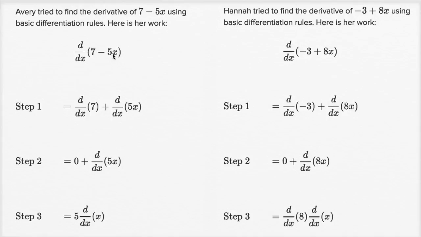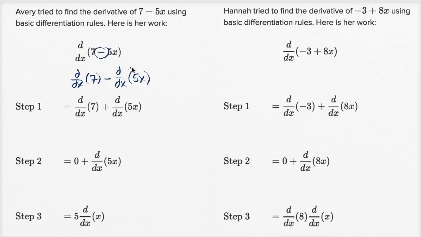5x. So my spider sense is already going off here because what happened to this negative right over here? So it would have made sense for her to do the derivative of 7, and she could have said minus the derivative of 5x. That's one possibility. The derivative of a difference is equal to the difference of the derivatives.